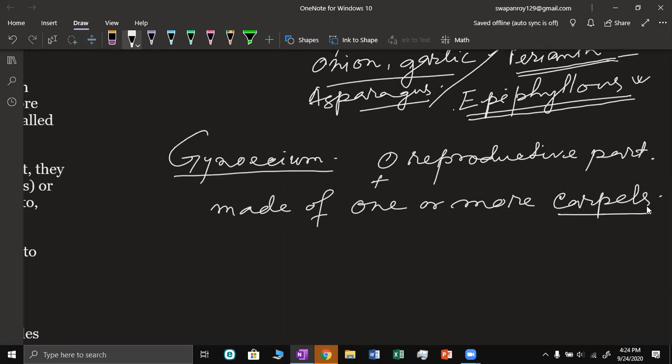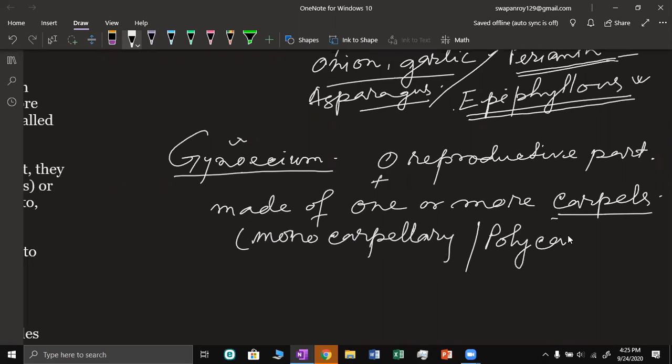Like stamens make the androecium, carpels make the gynoecium. So a flower's gynoecium may be monocarpellary or polycarpellary.